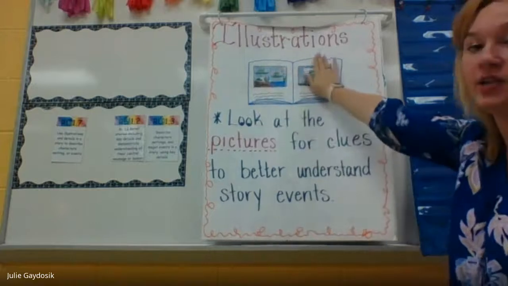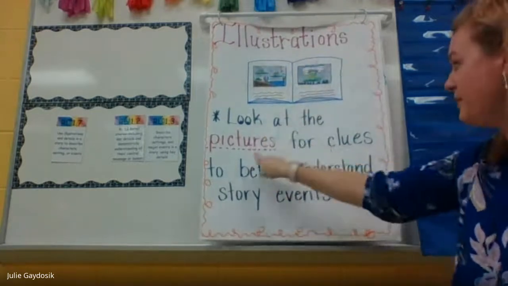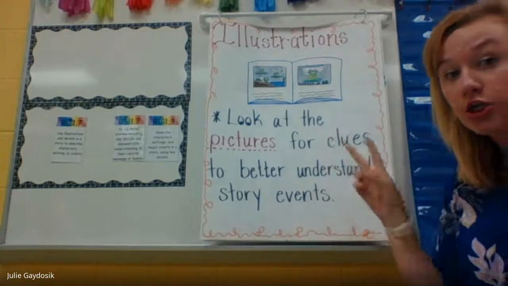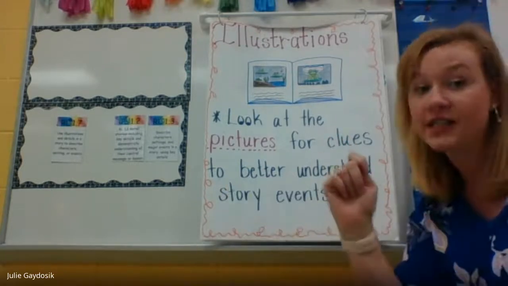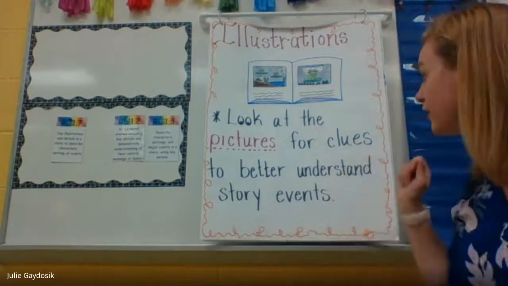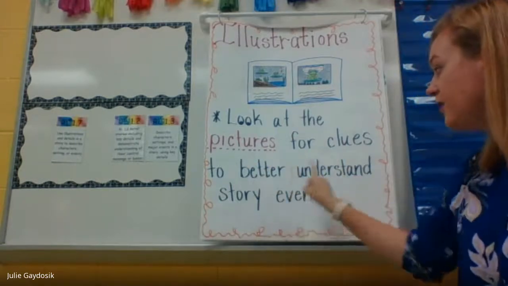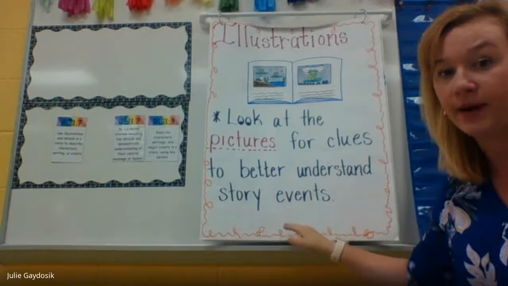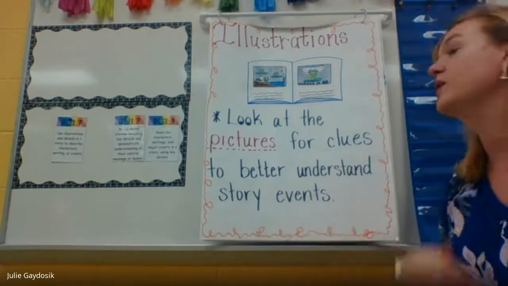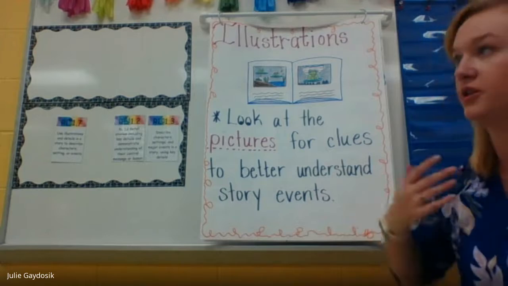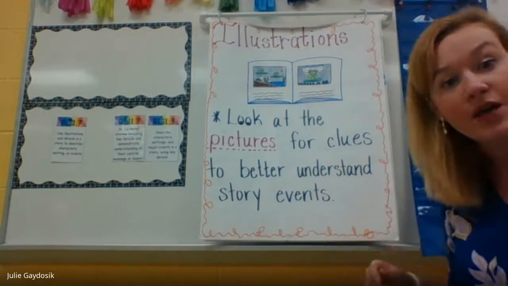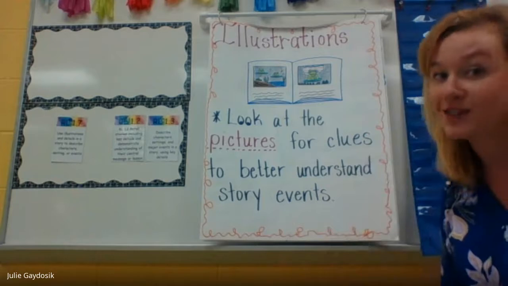When you're looking at illustrations, you look at the pictures for clues. Think of a detective with a magnifying glass. You're looking for clues to better understand story elements, like characters, setting, beginning, middle, end, or what's happening in the story.